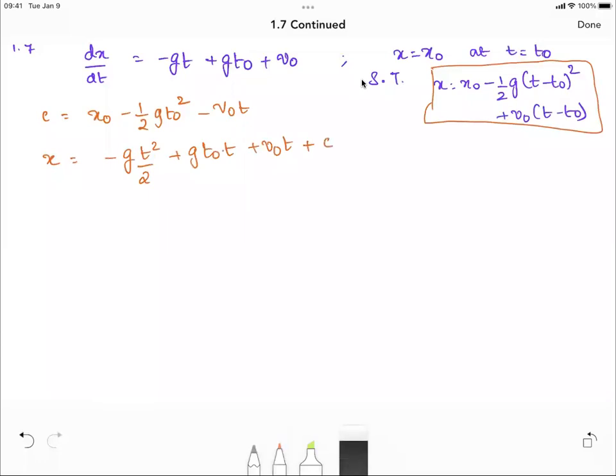Now I'm going to replace the c with the value we found, which is x0 minus half g t0 squared minus v0 t0.